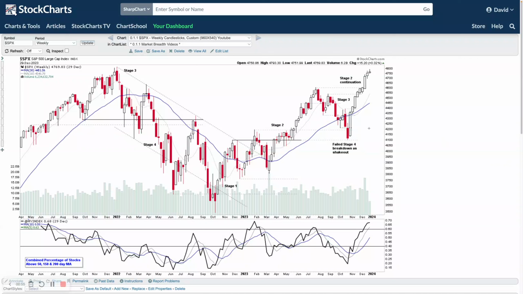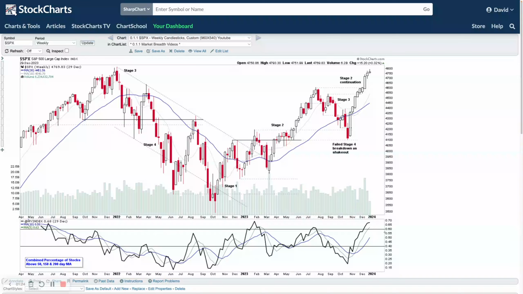So S&P 500 starting off as always at the bottom of the chart here, this area down here, I've got the custom combined percentage of stocks above their 50-day, 150-day and 200-day moving averages in the US market. So this uses the NYSE and the Nasdaq composite stocks, so it's just over 5,000 stocks, and gives you a really good idea of what's going on on a short, medium and long term basis compared to the moving averages.